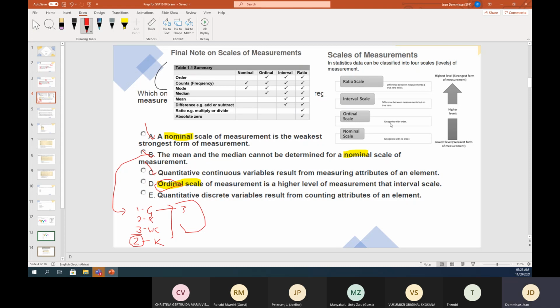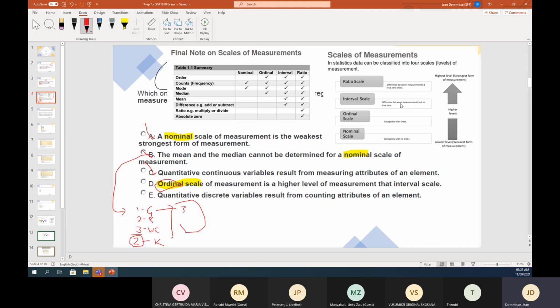On an ordinal scale, so first year at UNISA, second year, third year, that's an order. Interval scale tells me that within that order there is a reasoning behind that order.